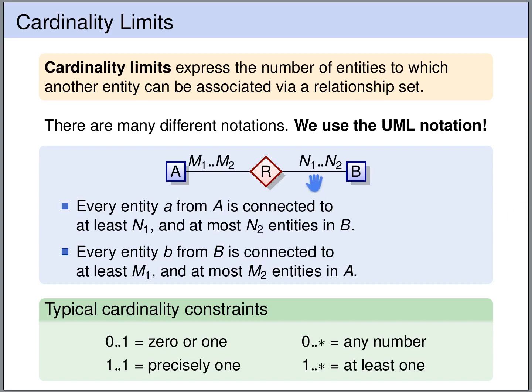So we annotate the connections between a relationship set and the participating entity sets using cardinality limits.